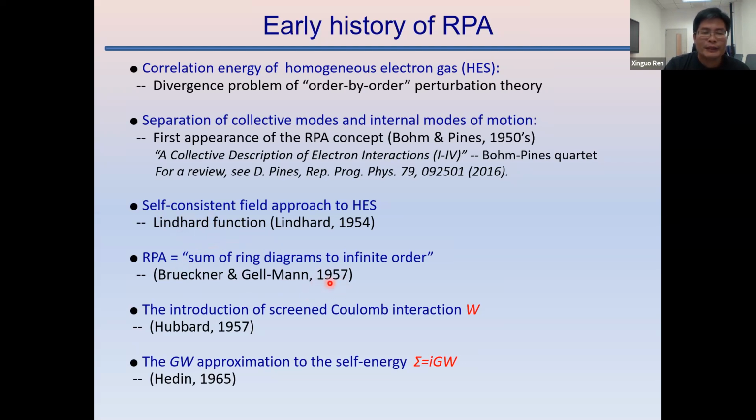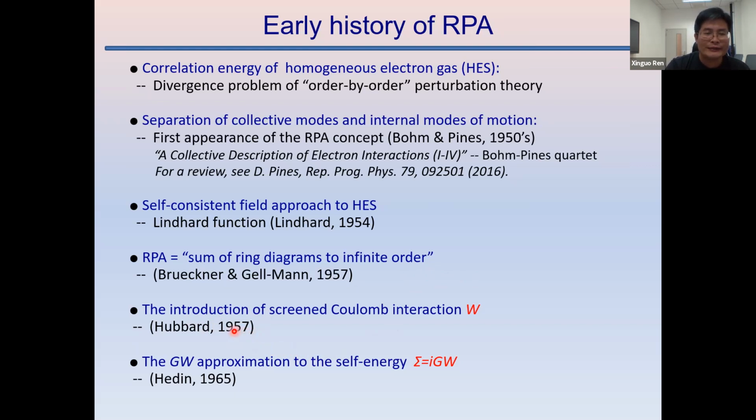And in 1957, Brueckner and Gell-Mann realized that the RPA introduced by Bohm and Pines is equivalent to the so-called sum of ring diagrams to infinite order. After that, this approach had a diagrammatic representation, which is a quite convenient way to understand and formulate this approach.